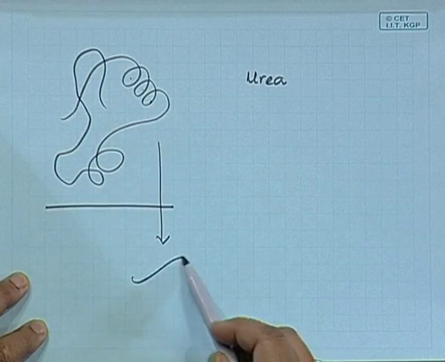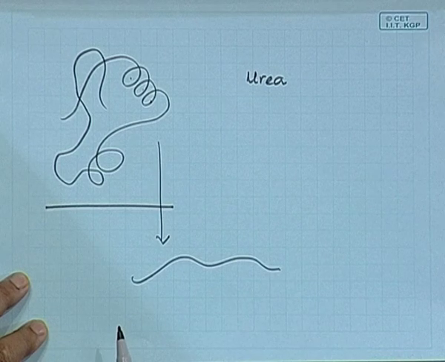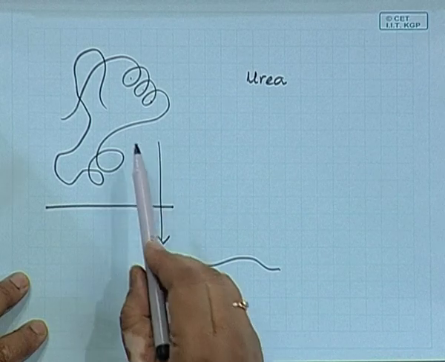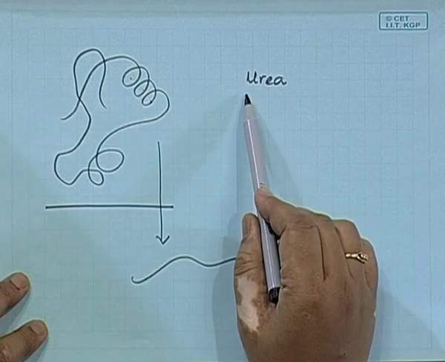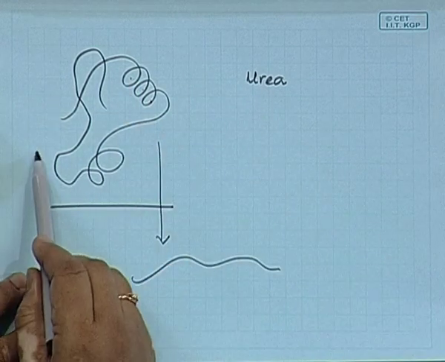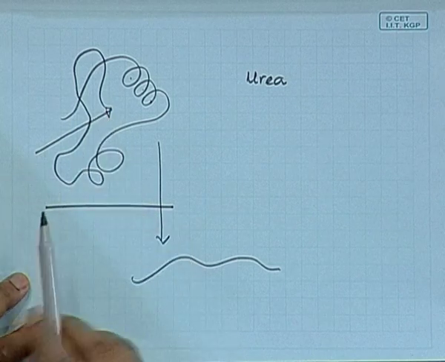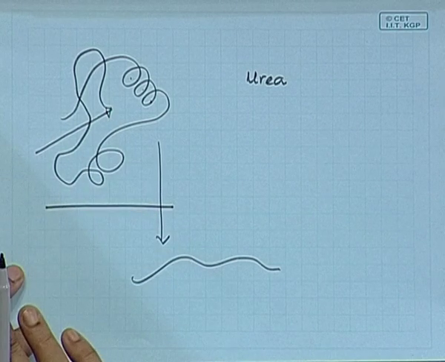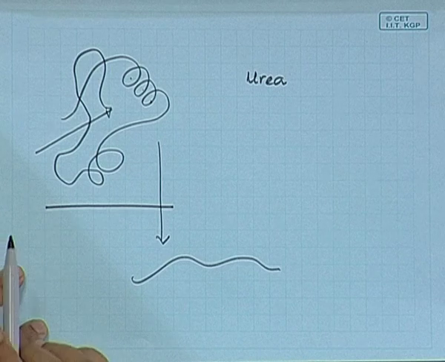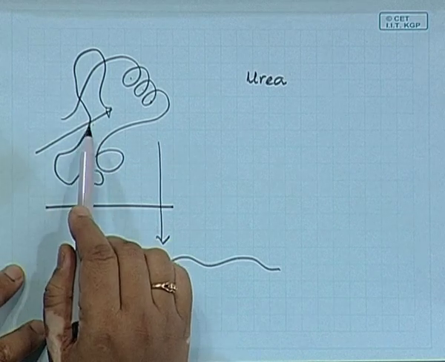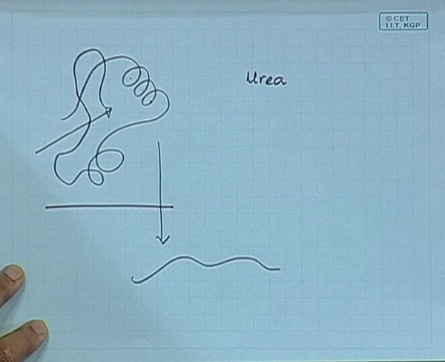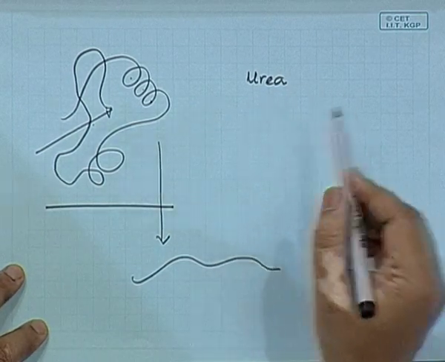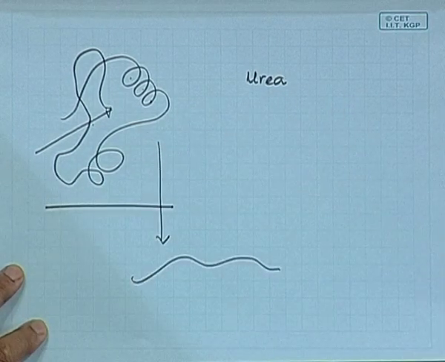It is going to open up the helix, right? Because the hydrogen bonds that were present here would preferably form with urea. So, urea sort of gets into the protein structure, disrupts the interactions that were holding the folded polypeptide chain together, right. Now, what happens if I heat it?